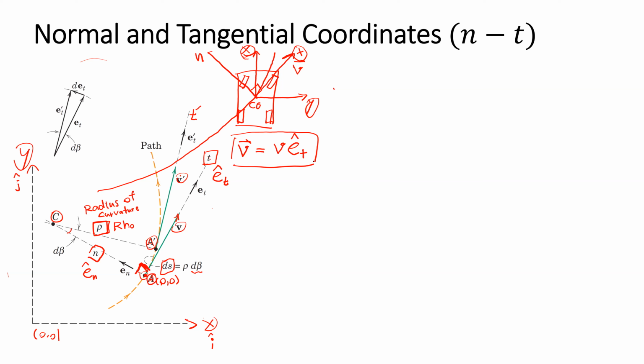For the nt coordinate, we said that we have only the velocity in the tangent direction. Why?